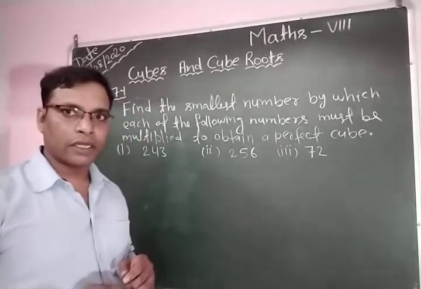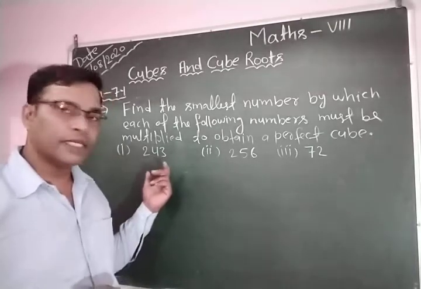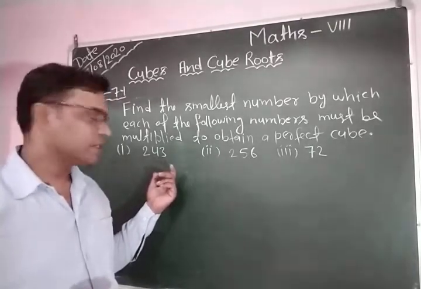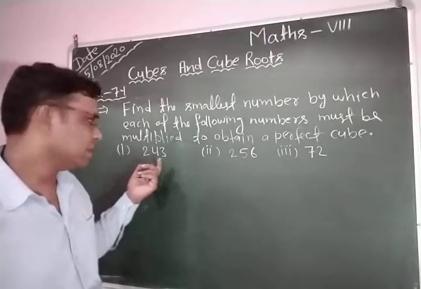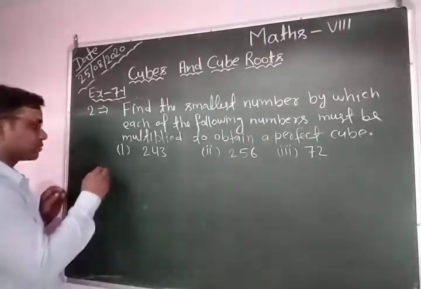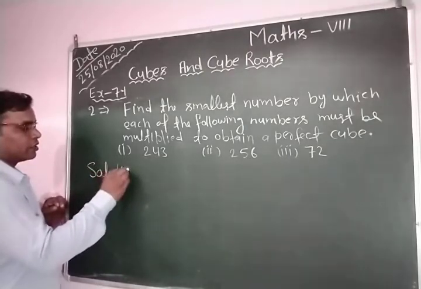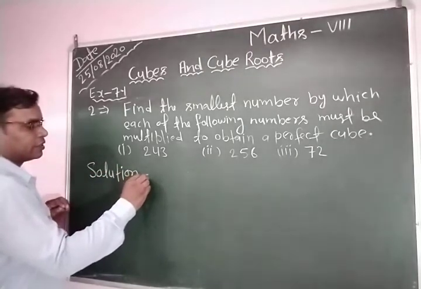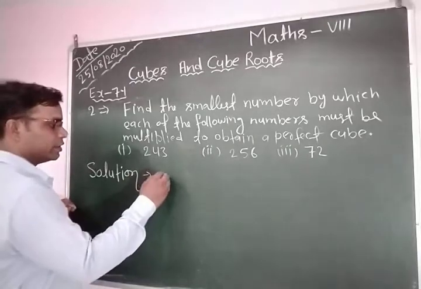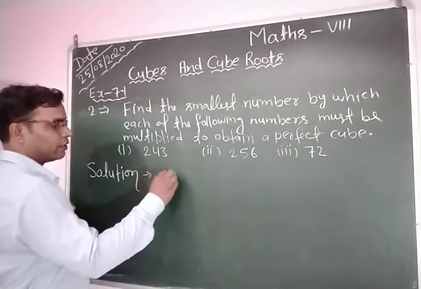So first we find the prime factors of the given number 243. Okay, this is given 243.